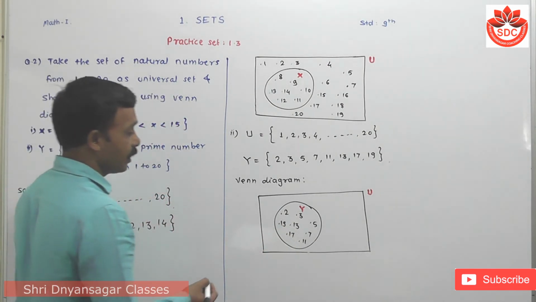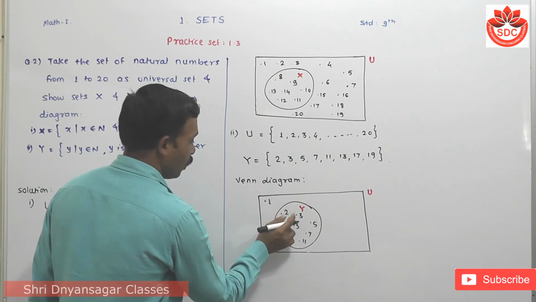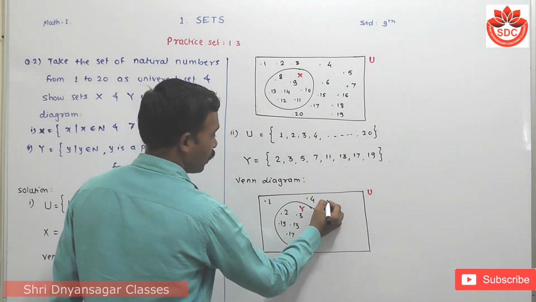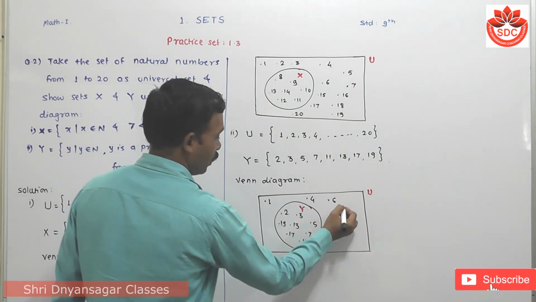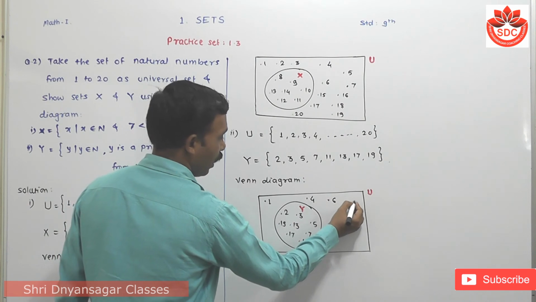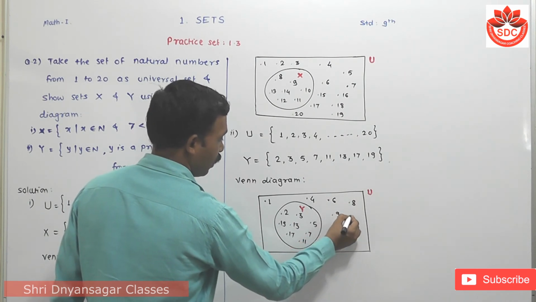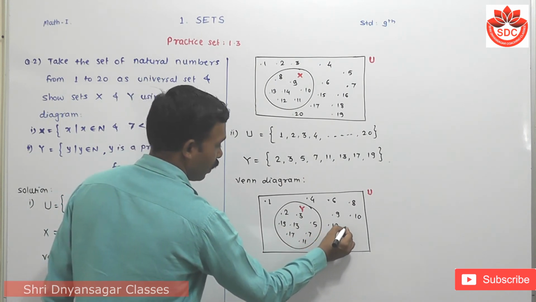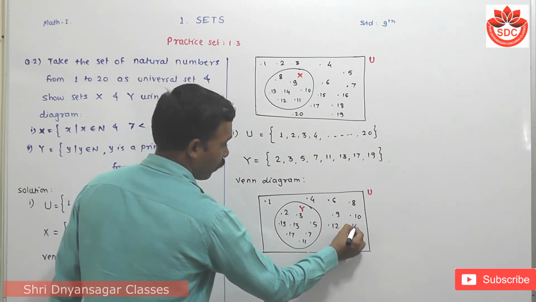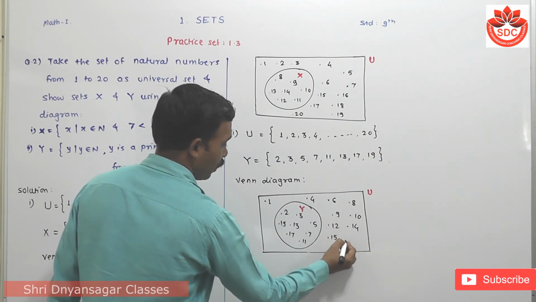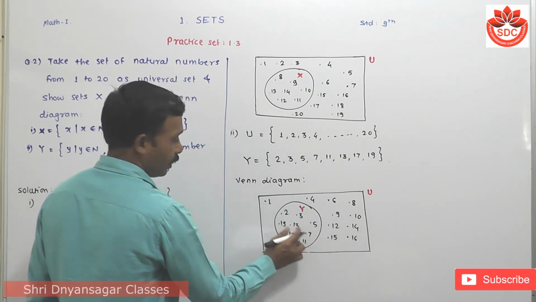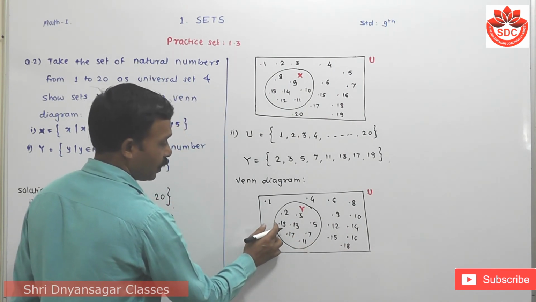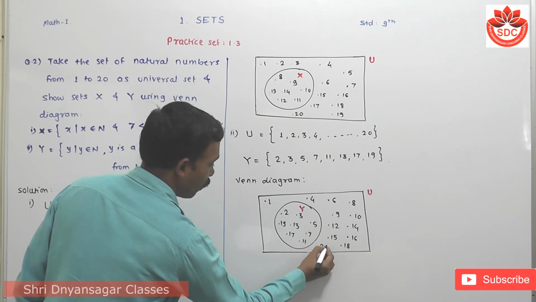Then the remaining elements are here. Suppose 1, 2 is present here, 3, then 4, then 5 is also present, 6, then 7 is also present here, then 8, 9, 10, 11 is present here, then 12, then 13 is also present, 14, 15, 16, 17 is also present here, 18, then 19 is also present, and the remaining one is 20.